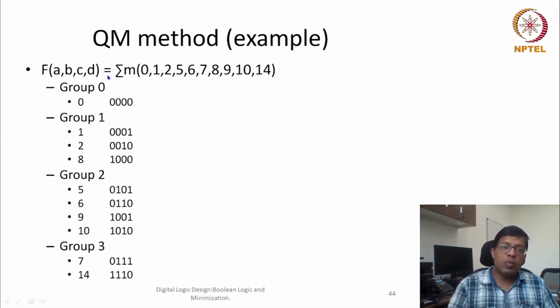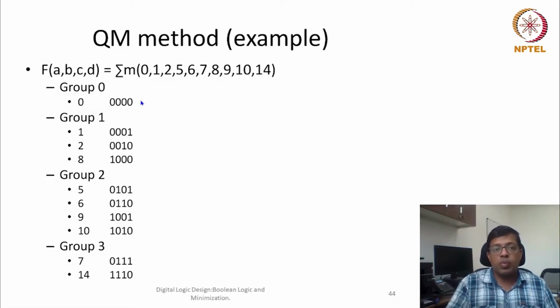Let me repeat the logic here. Group 0 can never pair with group 2, because there are already 2 ones there and no 1 here. The condition for pairing is that only one variable should be different, or one variable should be present in complemented as well as the original form.